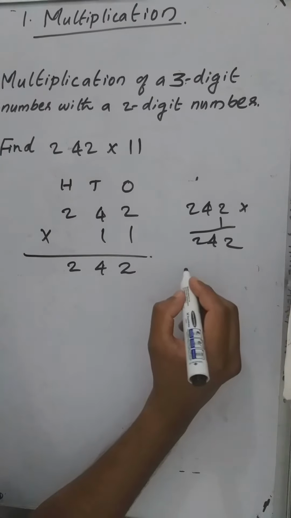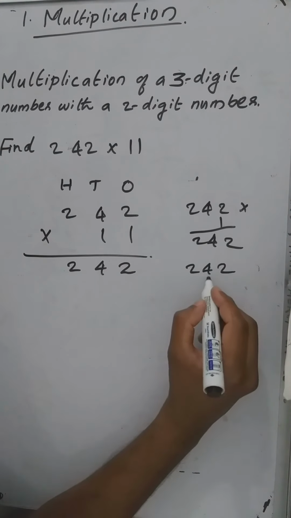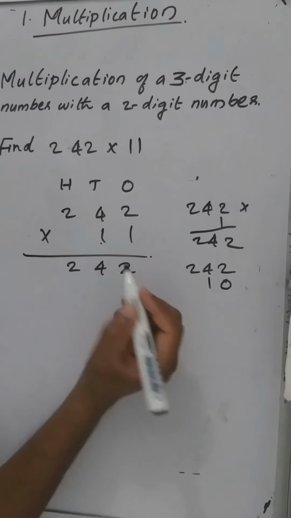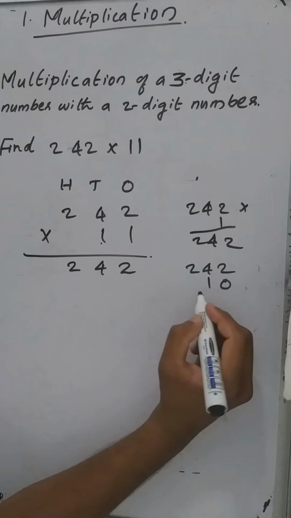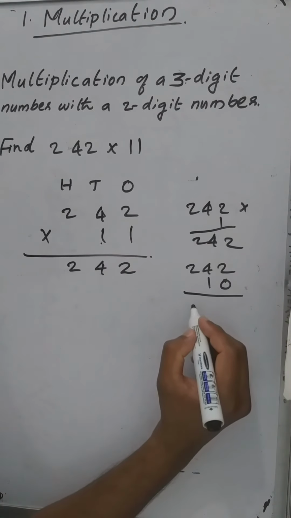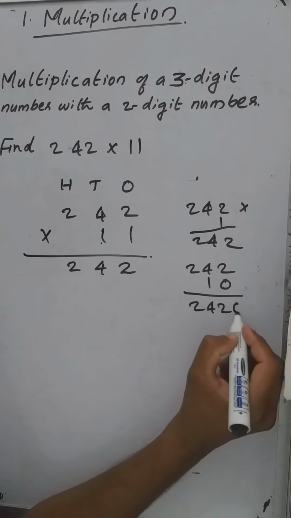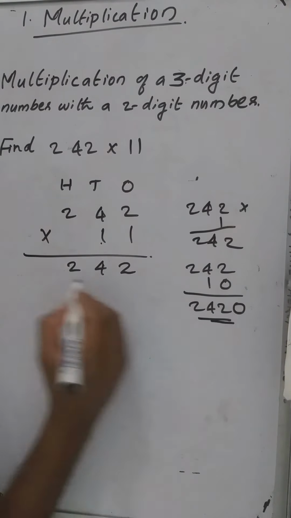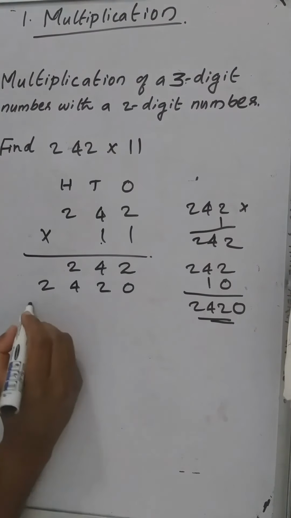Now let's multiply. In the second step, you have to multiply 242 by 10 because 1 is in the tens place. So for multiplying any number by 10, you just have to put 0 on the right hand side of the number. So 242 multiplied by 10 is equal to 2420. 2420 here.